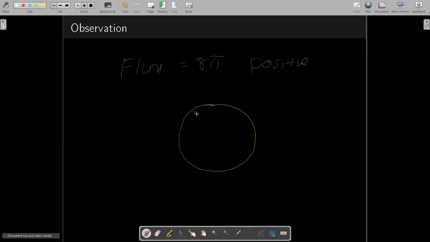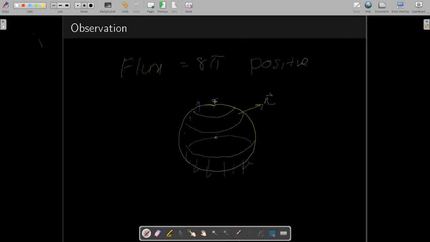So you can see now the flux is 8 pi, which is positive. The way we interpret this is that if we have a solid surface like this, in this case a sphere, and we define the normal vector to point out of the surface, as you can see from the flux component here, because the way we define it is 0 at the middle of the sphere, and then it goes out of the sphere surface.